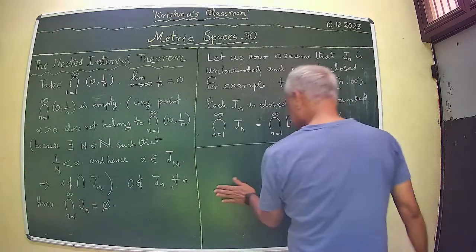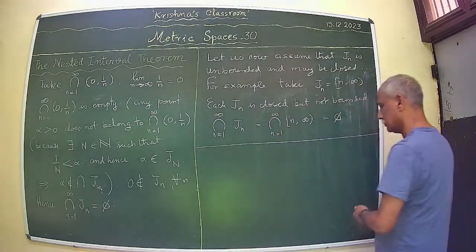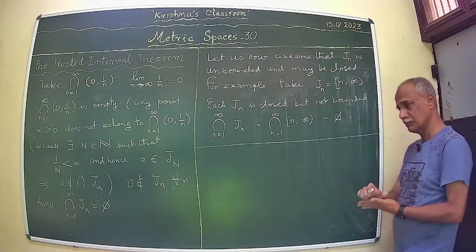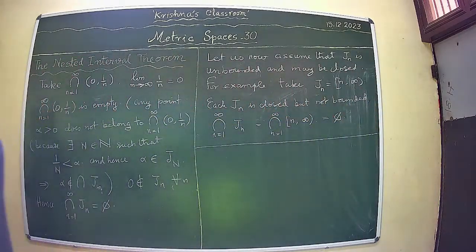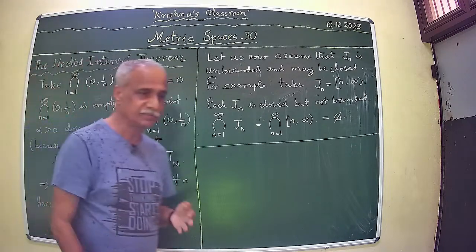Now when we go to a general metric space, you have the concept of closedness. You could also have the concept of boundedness.